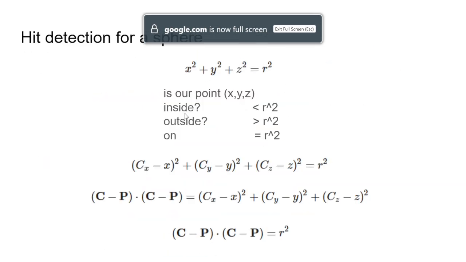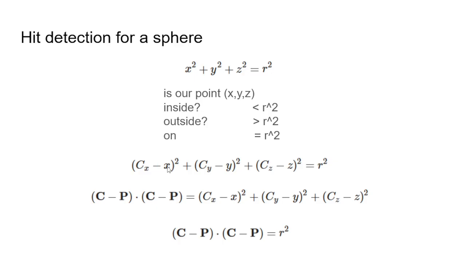But instead of just writing it like this, we're going to write it as a dot product, because these are now vectors. And we're going to have cx minus x times itself, plus cy minus y times itself, plus cz minus z times itself.